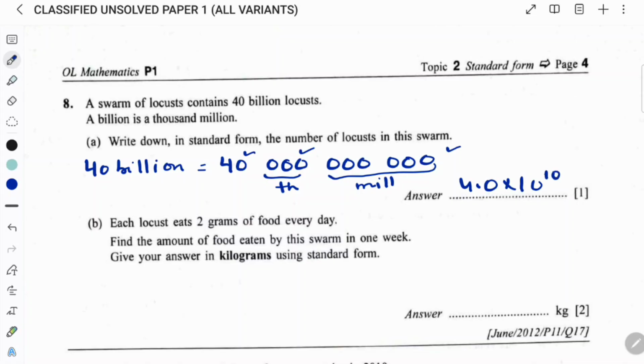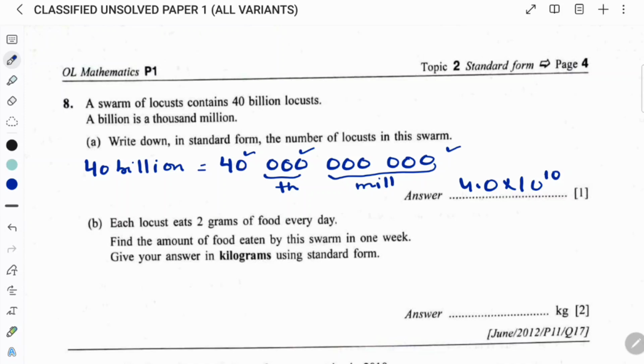Now the next question: each locust eats 2 grams of food every day. Find the amount of food eaten by this swarm in 1 week. Give your answer in kg, kilograms, in standard form.